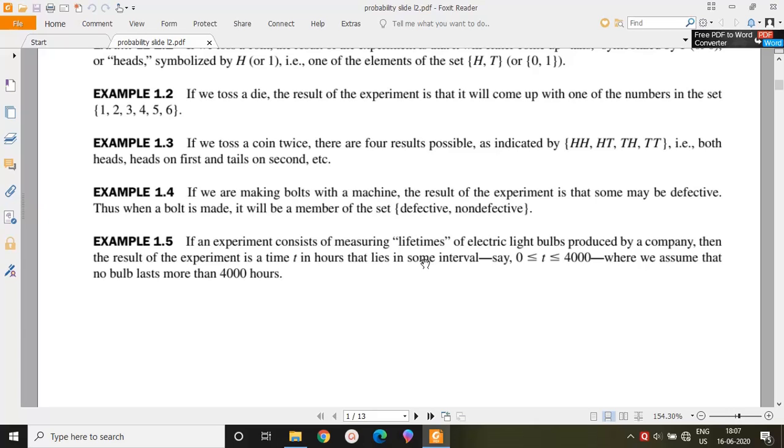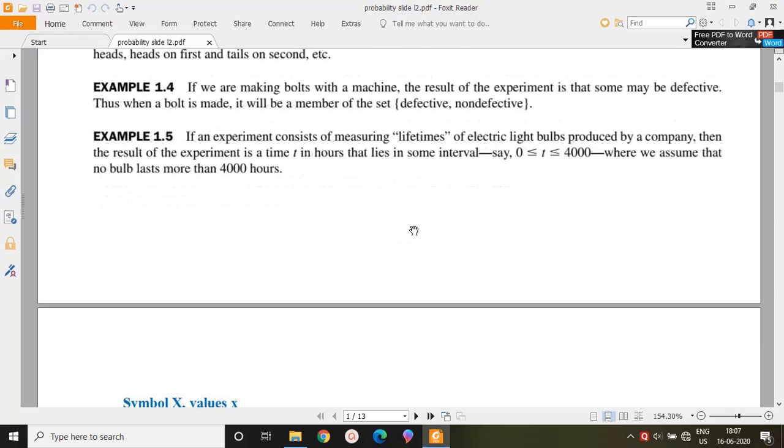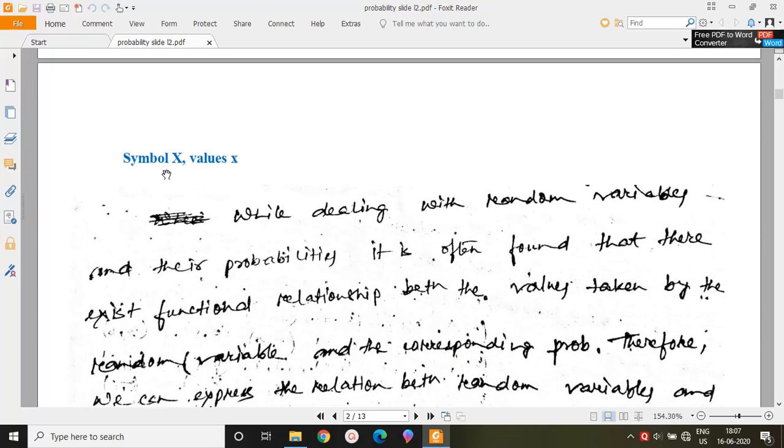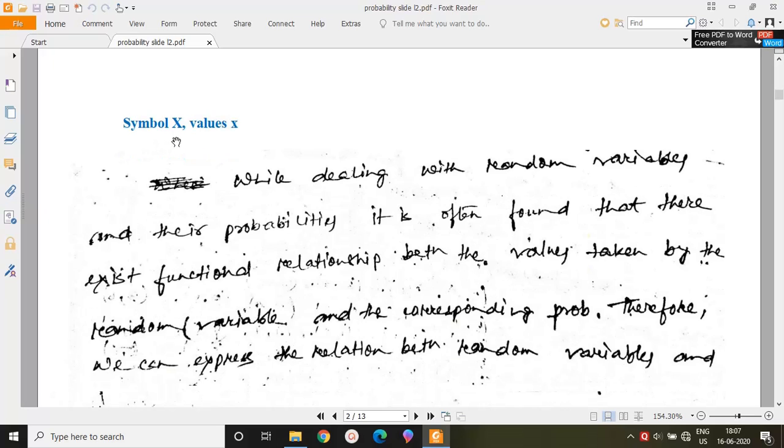If the random variables are discrete, then the probability distributions are different. If they are continuous, then you have different probability distributions. Before going to probability distributions, let me introduce you to the symbol of random variable. Random variable is denoted by symbol capital X, and the values that the random variable takes are generally denoted by small x.